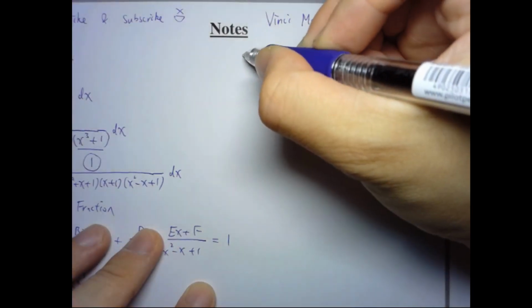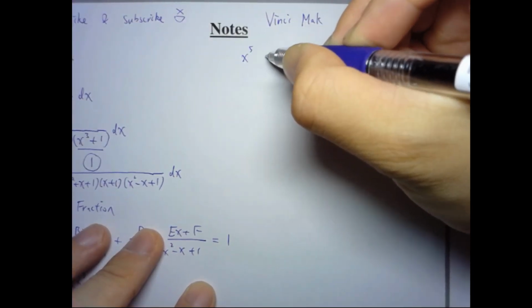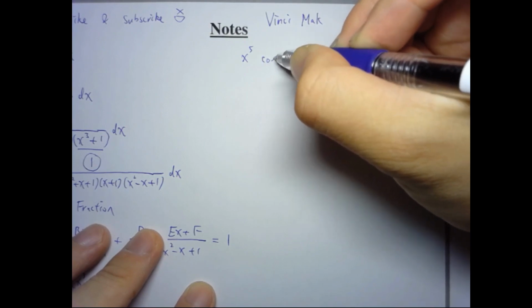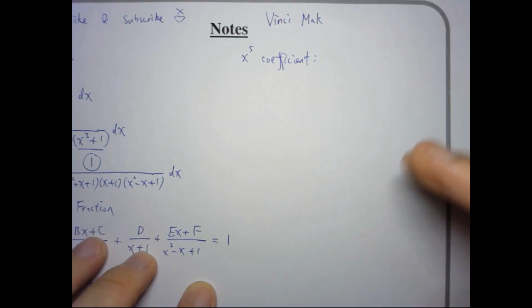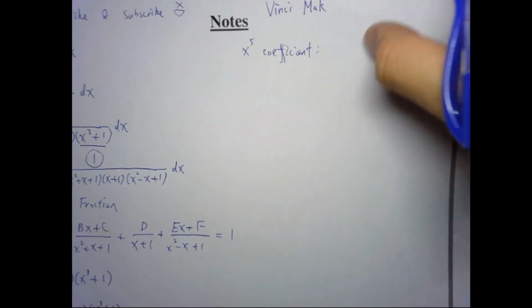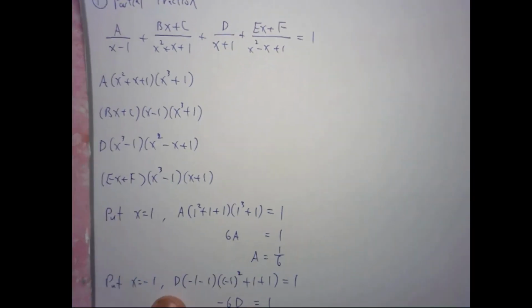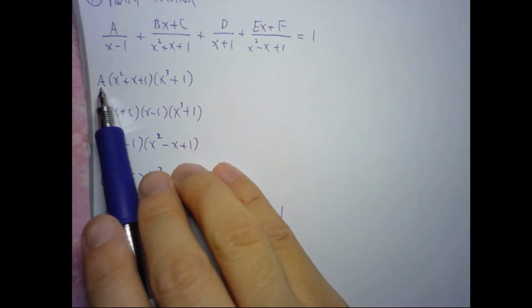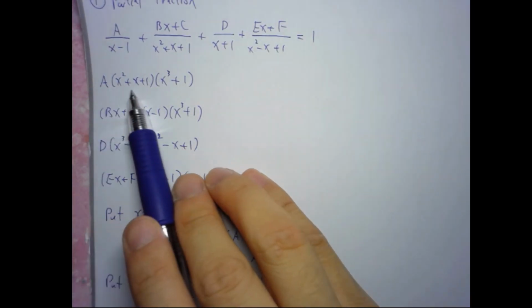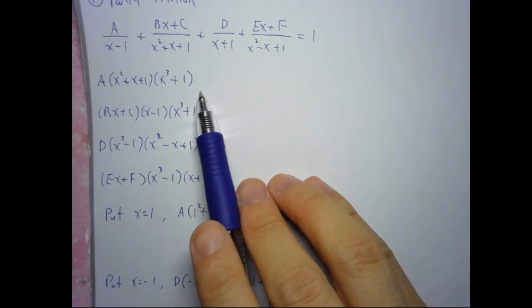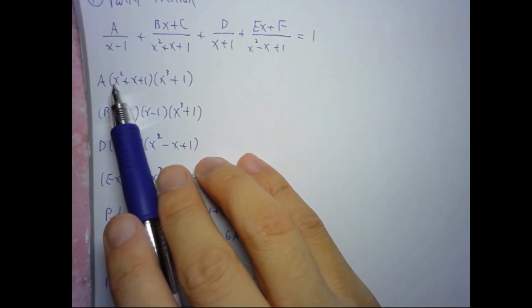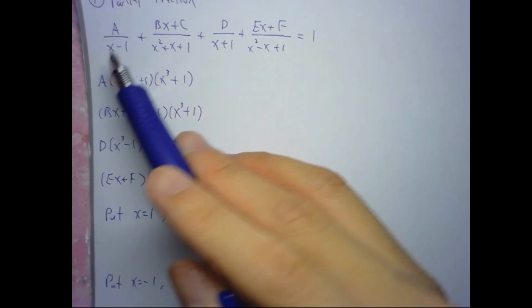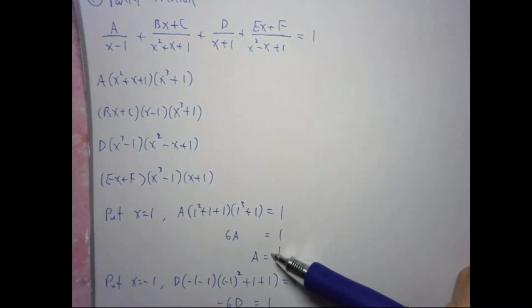Okay. We compare x to the power 5 coefficient. This needs some observation. So the first term, which term can give me x to the power 5, is only a, which is 1 over 6.